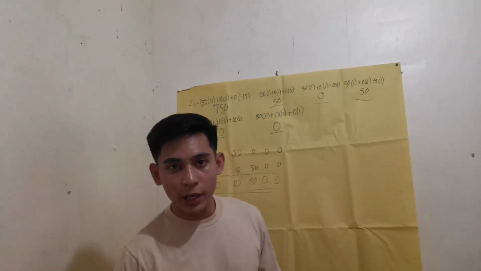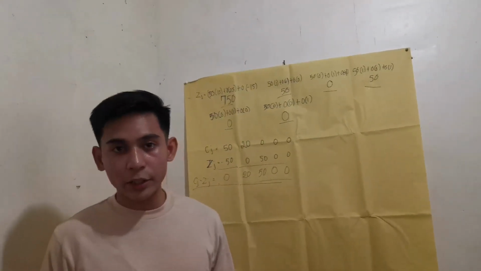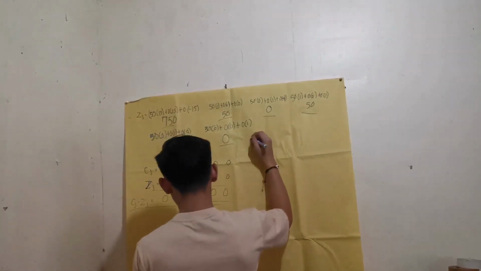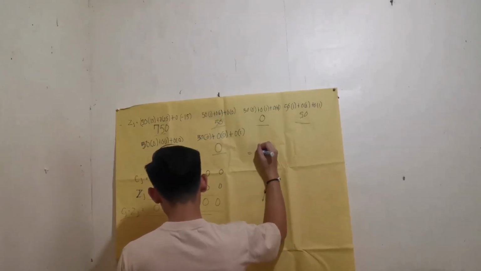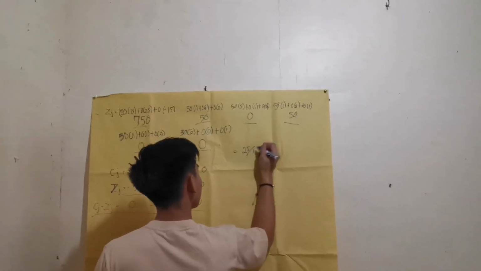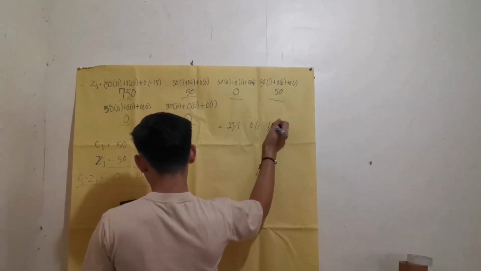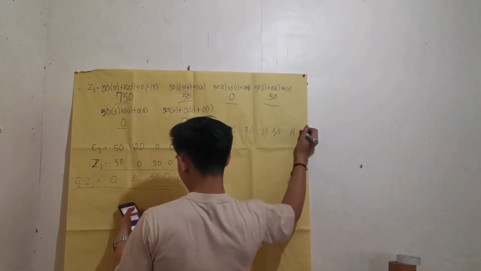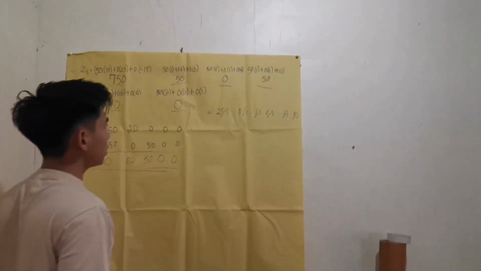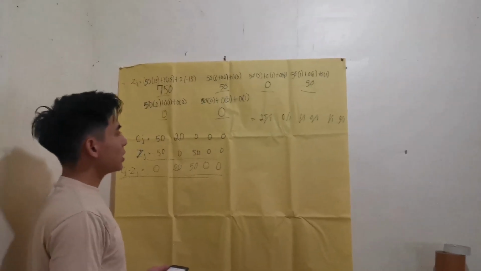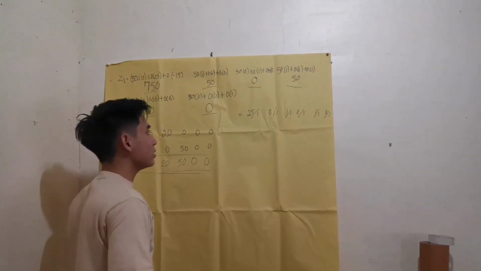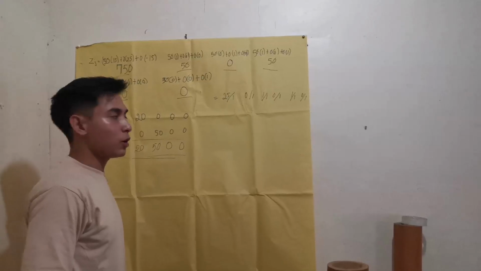Diba, kagaya ng sinabi ko kanina, na i-divide natin yung pivot row at saka pivot element. So, ito, parang ganito. So, obvious naman na same value lang pa rin kasi 1 lang naman din ang pivot element natin sa nag-intersect sa pivot column and pivot row.